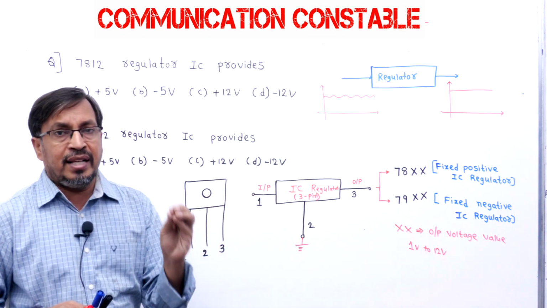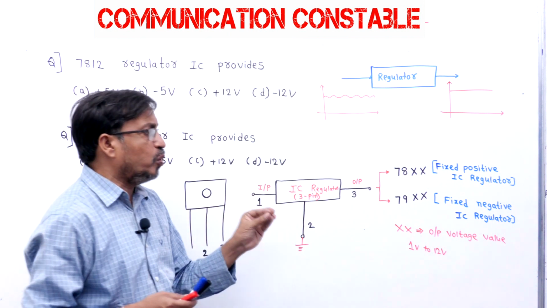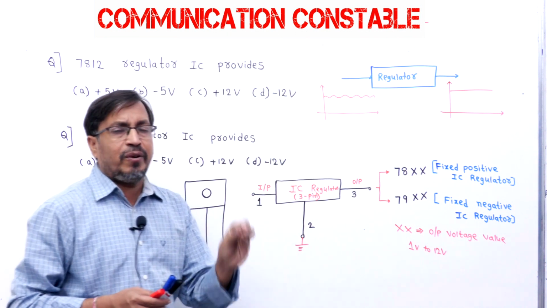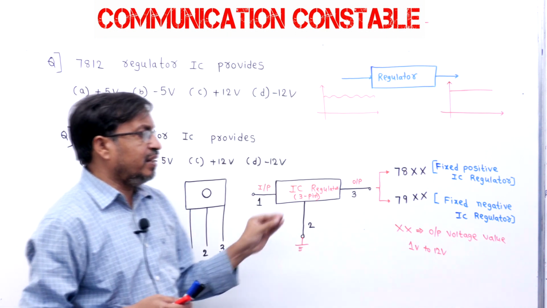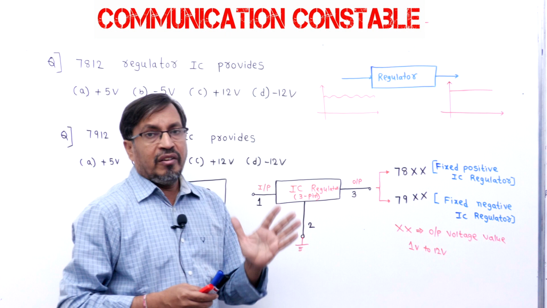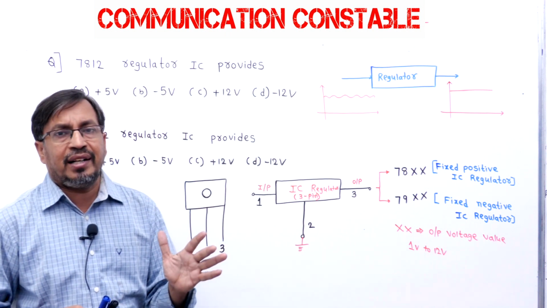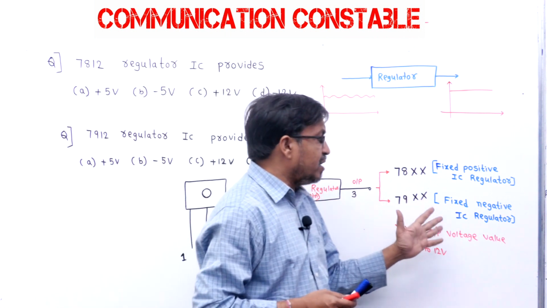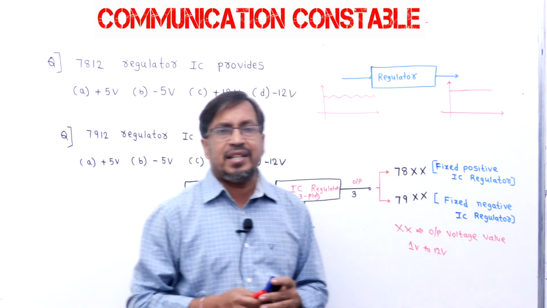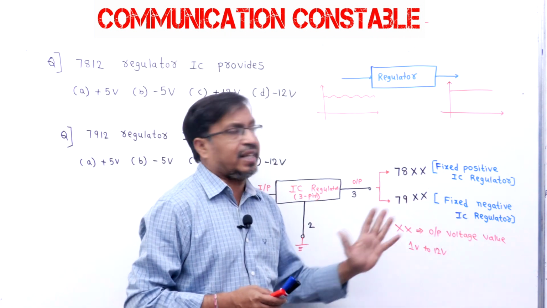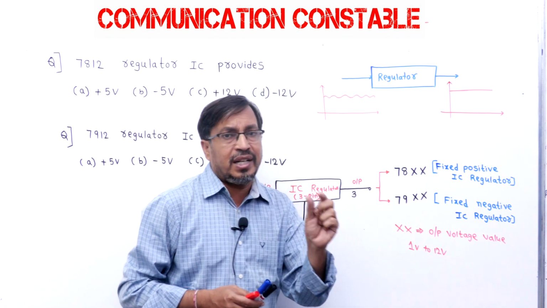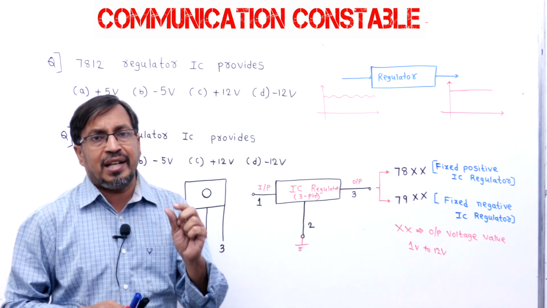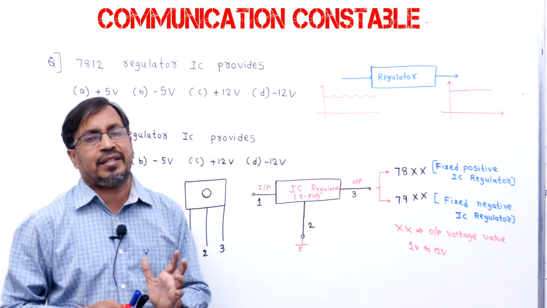These 3 pin IC regulators are classified into 2 types: fixed positive IC regulator and fixed negative IC regulator. Fixed positive IC regulators are represented as 78XX, fixed negative IC regulators are represented as 79XX. The last 2 digits XX represent its output voltage.